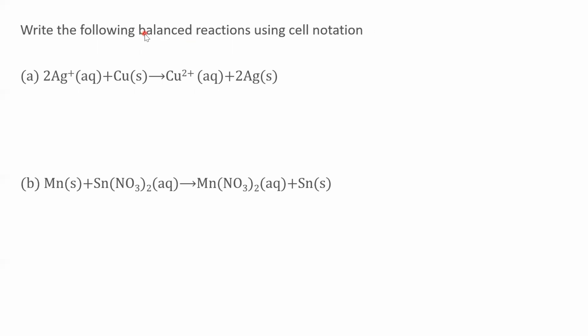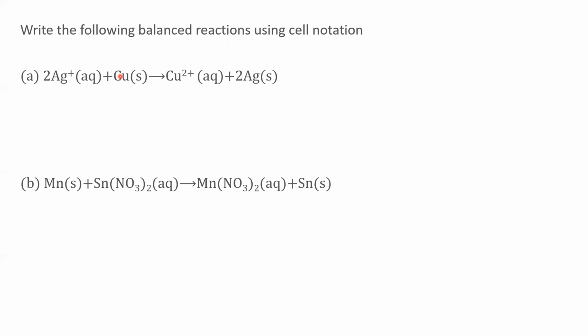We want to write the following balanced reactions in their cell notation, in their shorthand notation. The oxidation comes first and the reduction comes second in our cell notation. So look at this reaction. Silver ions or copper atoms, which are being oxidized?